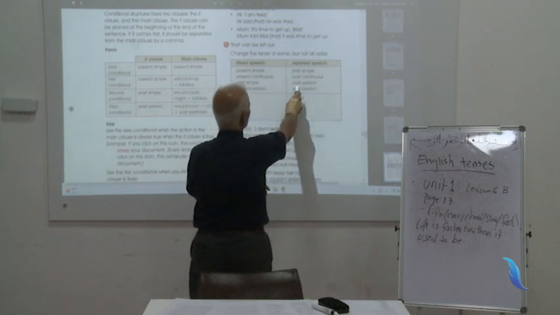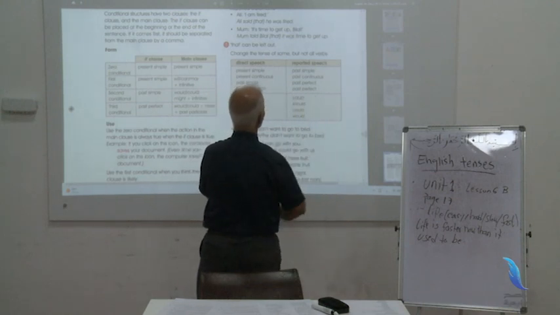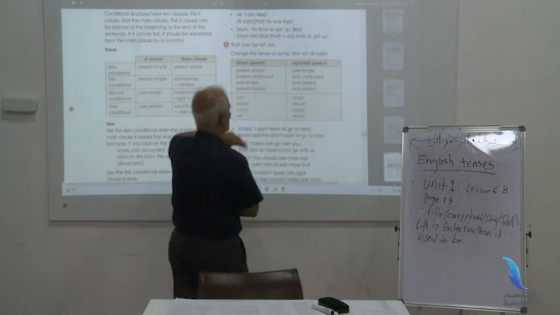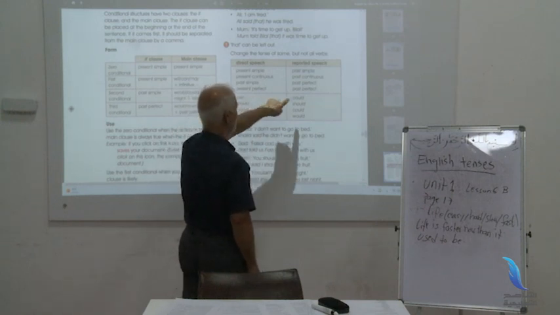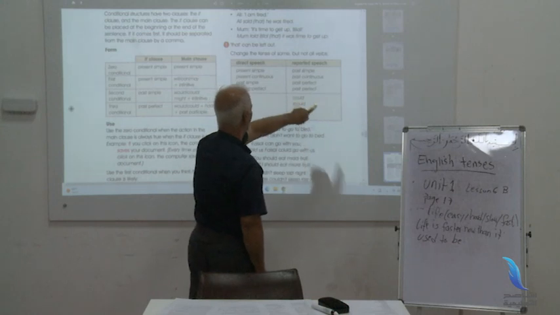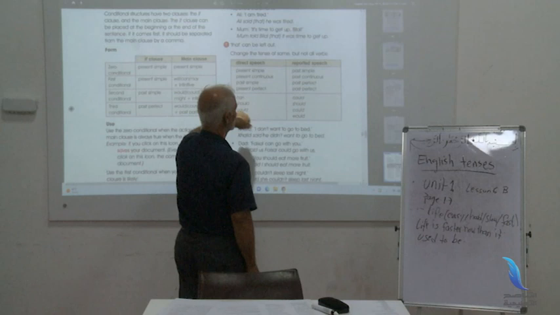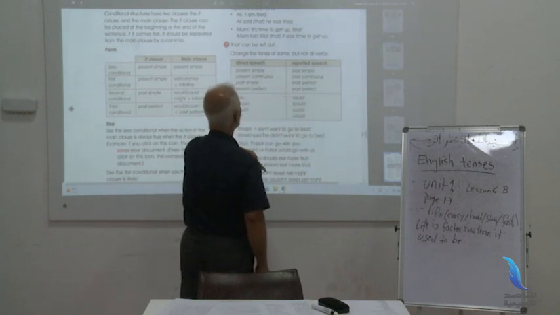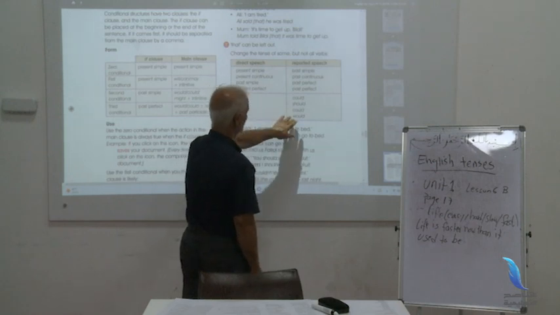Past simple, past perfect. Present perfect, past perfect. The modal verbs: when I use can in direct speech, in reported speech we use could. Should for direct speech, should for reported speech, the same. Could, could. Will becomes would.